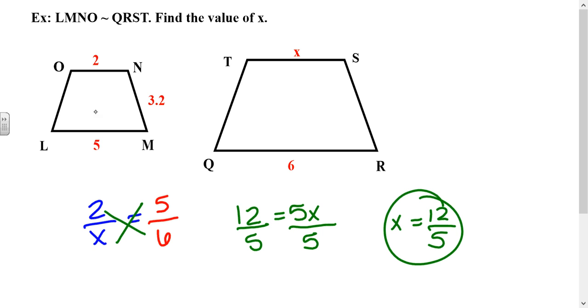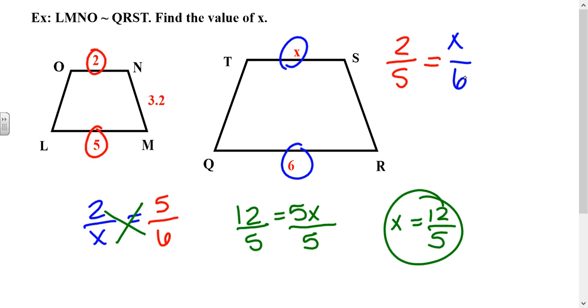So 2 over 5, I use this one, 2 over 5, equals, and then I have to pick another one over here. I have to go from top to bottom, so x over 6. Well, if I look at this, when I cross multiply, I'm still cross multiplying the same exact numbers. I still get 12 equals 5x. So I'm still going to end up with the same answer of x equals 12/5.